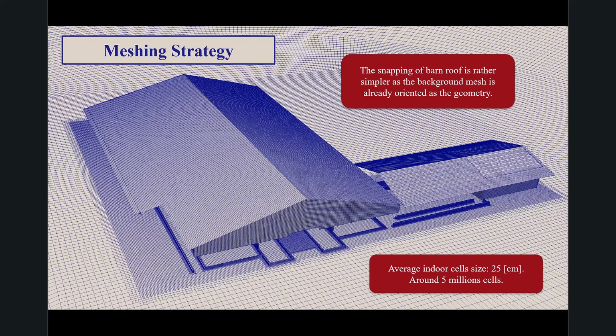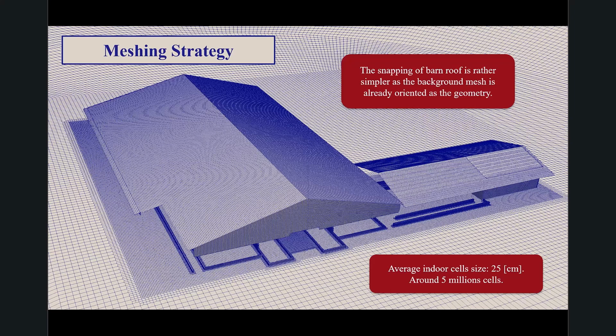Okay. Any other question? I was wondering if you tried to establish the dependency of your results on the size of the external domain that you have, because you have natural convection.